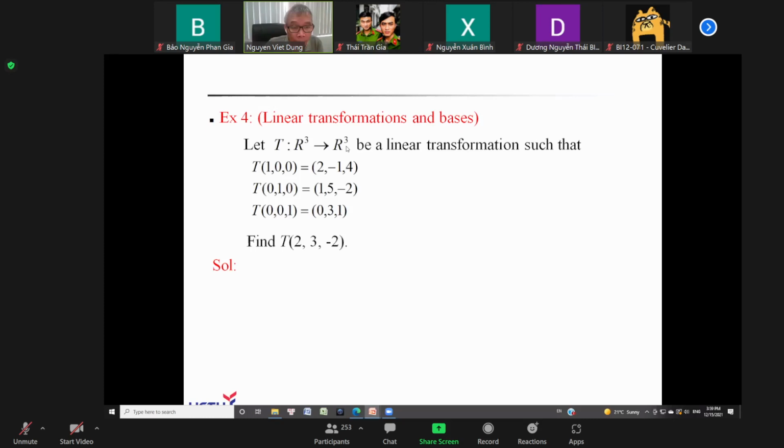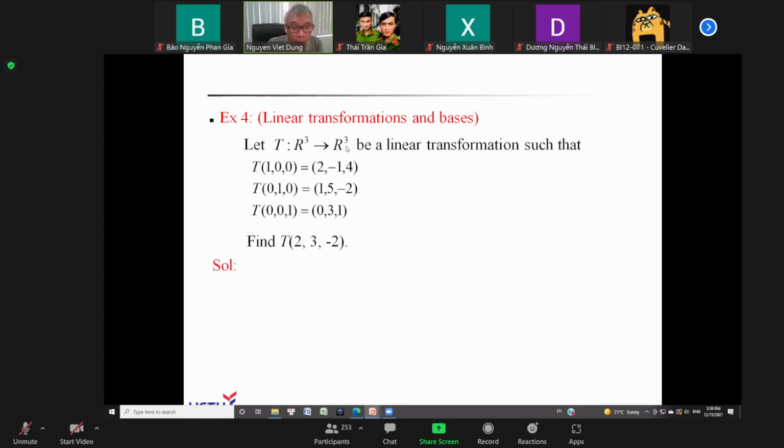The next example is a very important thing because it will give us a general picture of a linear transformation. Now we consider a function T from R2 into R3 given by the formula T of V equals A multiplied by V, where A is a matrix like that, and V is written as a column matrix like that.